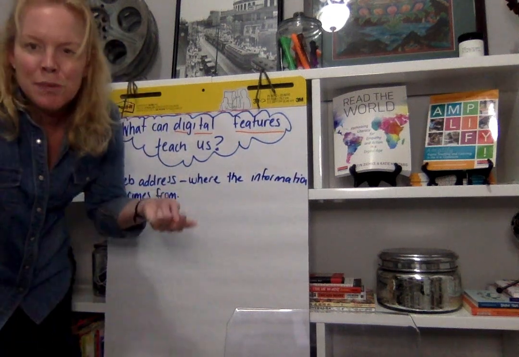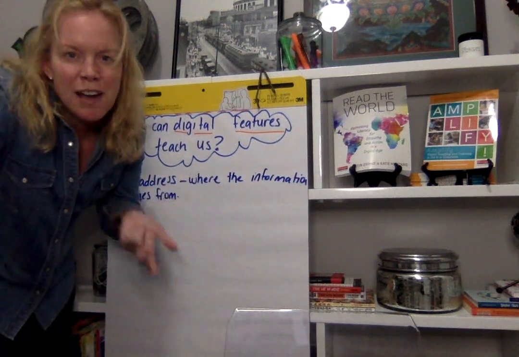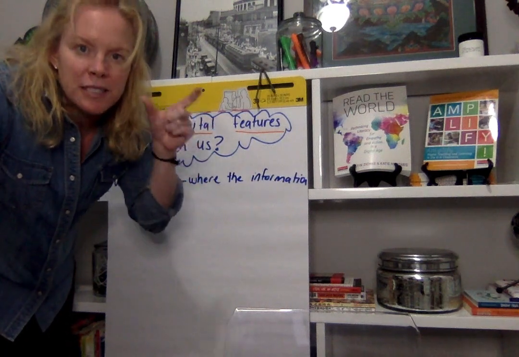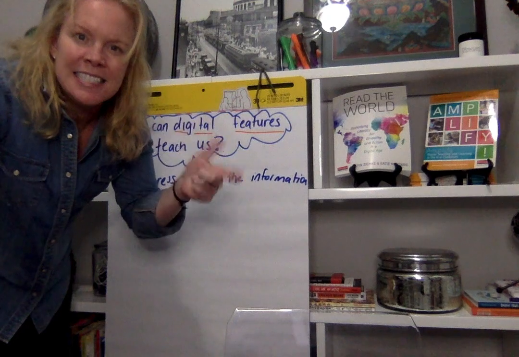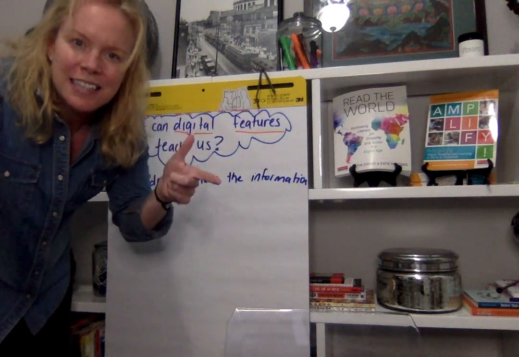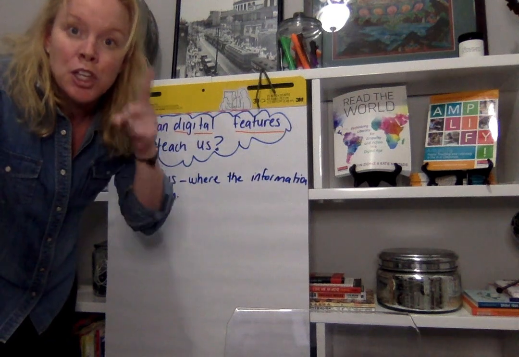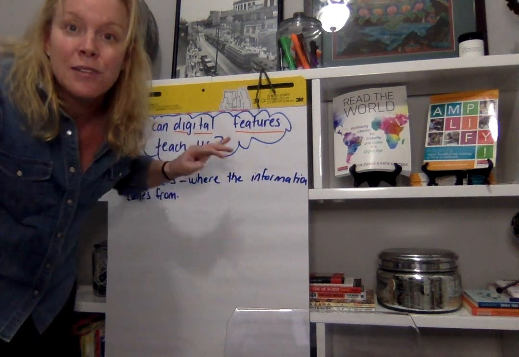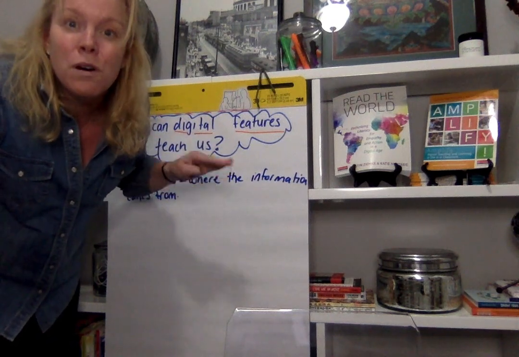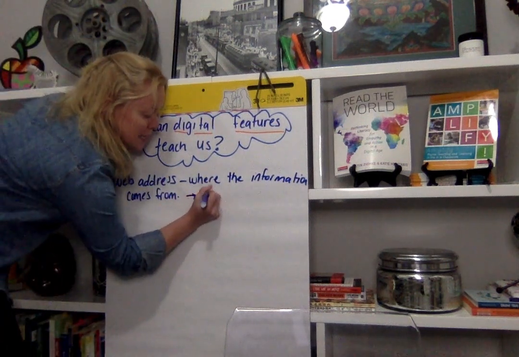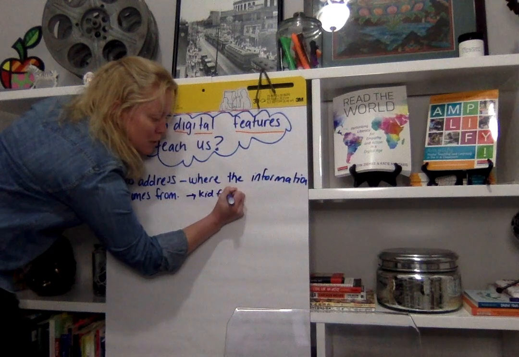You might be familiar with web addresses like National Geographic, PBS, Wonderopolis, all of those little addresses that either end in .com, .org, .edu are giving you information as to where it comes from. You, as a kid, want to start looking at this and look for clues that it tells you it's coming from a kid-friendly space, right?